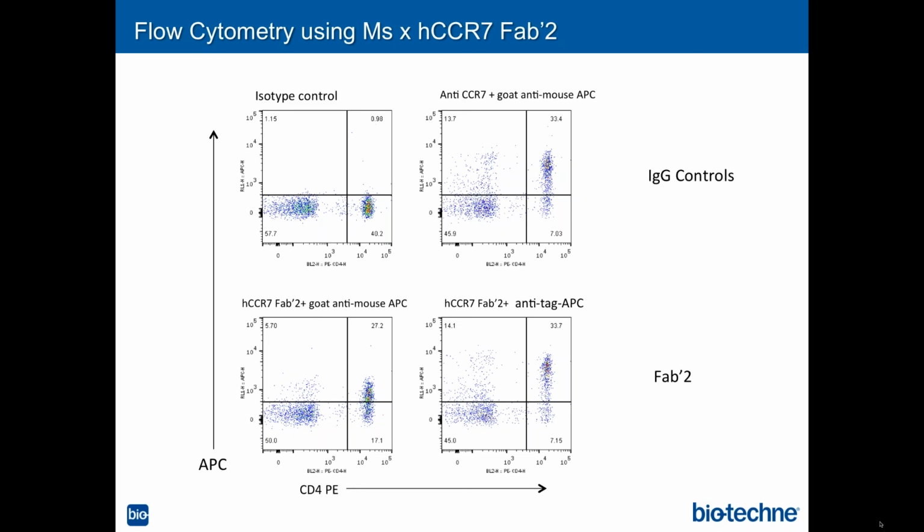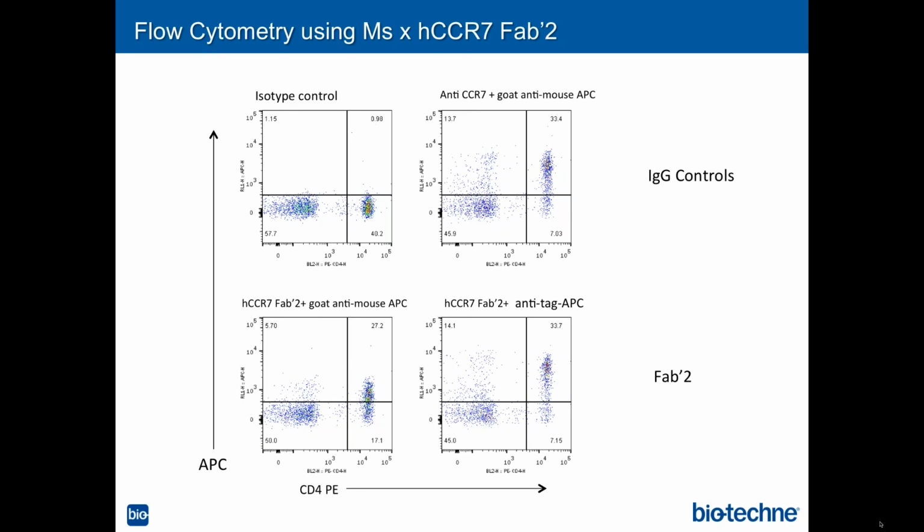When you go to the FAB'2, in this case we detected it with a goat anti-mouse APC. This is a generic goat anti-mouse. It's not the Kappa version we used in the Western blot. You still pull out your T cell population, but the separation between the labeled cells and the unlabeled cells isn't quite as clear.